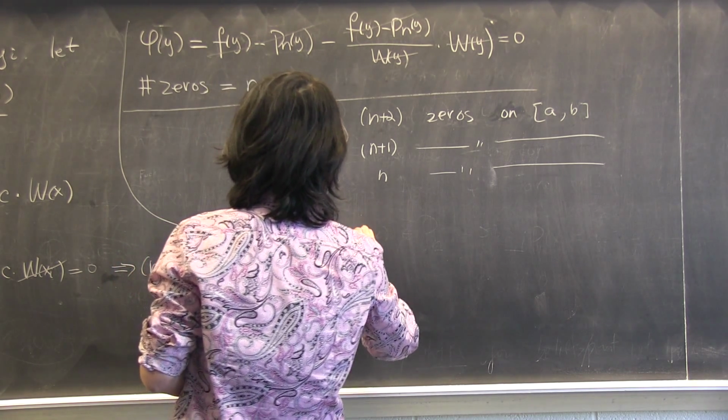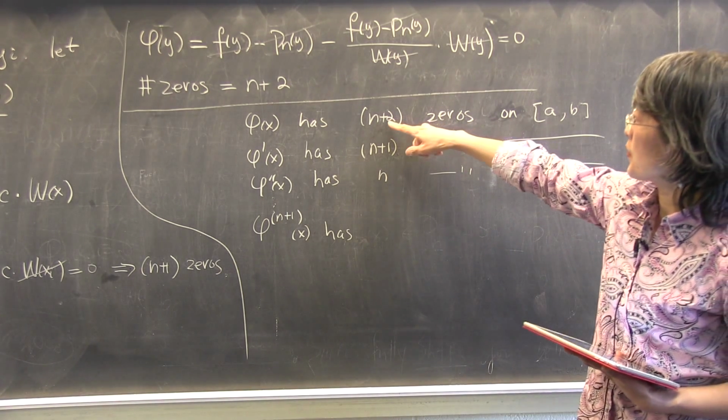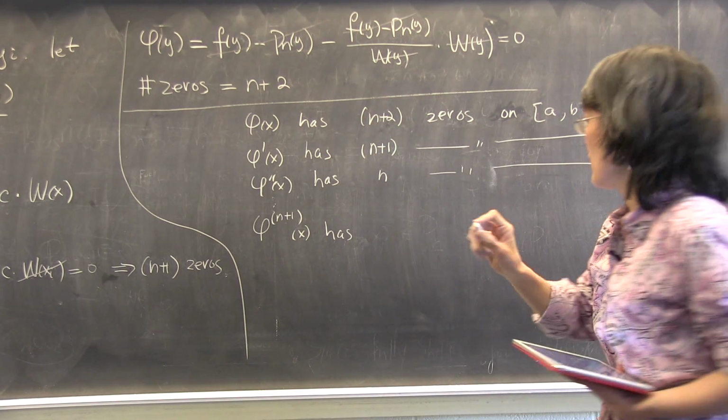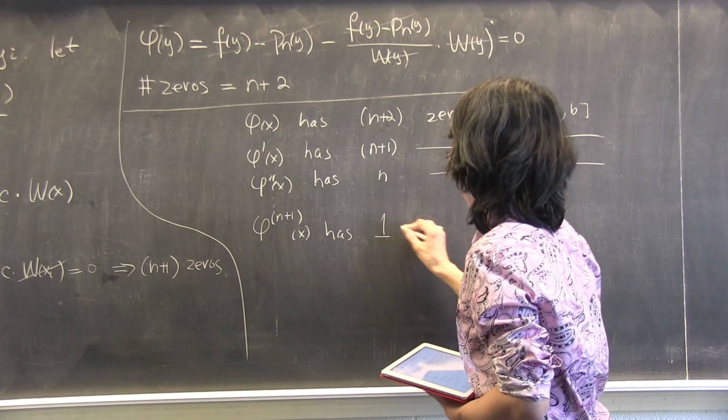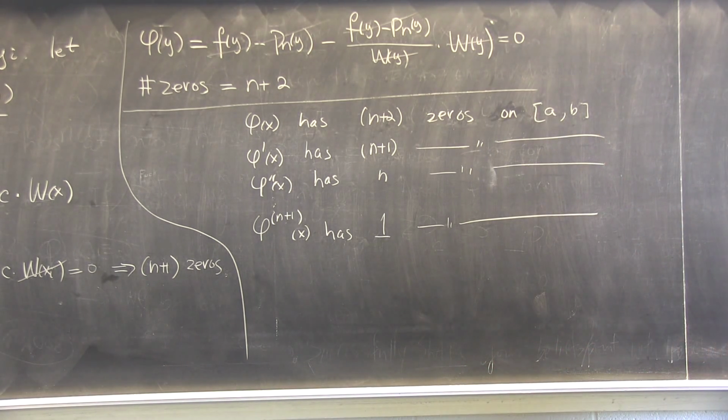How many zeros will I have now? I reduce this n plus 1 times, it becomes 1. Very precious, it has 1 zero on that interval. I know there exists 1 zero, even though I don't know exactly where it is.